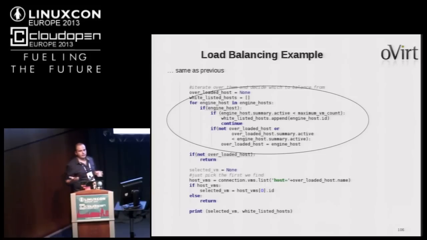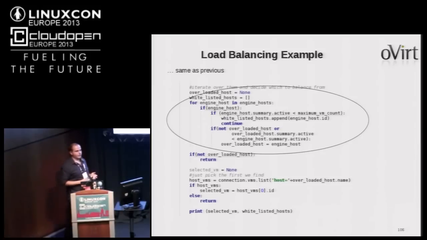But if we found a specific host that is overloaded, which means it has more than the maximum number of VMs, then we pick a VM and we say, please migrate this VM to one of these whitelist hosts. The whitelist host is the hosts that have less than the maximum number of VMs running.